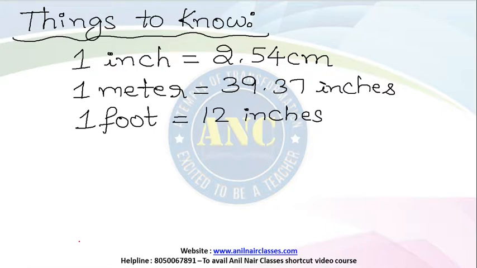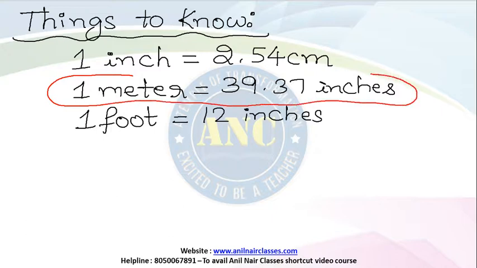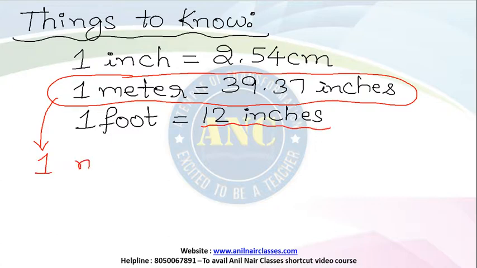Similarly, if I want to continue further, this is something I wrote a minute before. 1 meter is equal to 39.37 inches, and I also wrote 1 foot is equal to 12 inches. Now I will expand this 1 meter.